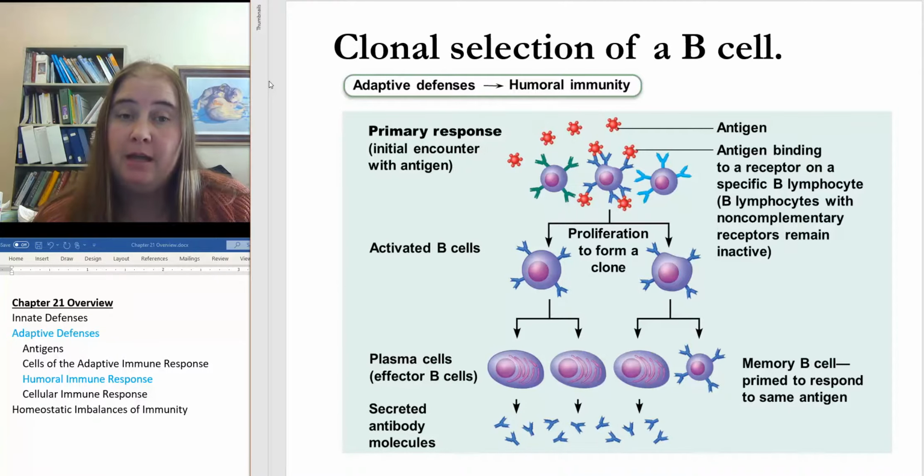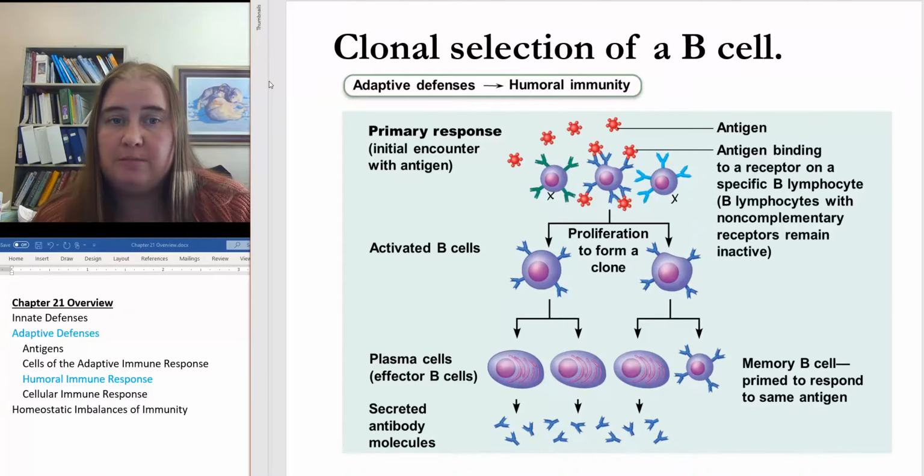Now, what you can see is only one of these B cells is actually responding because it's the only one that has a receptor that's complementary to the antigen. So these guys don't respond because they aren't meant to recognize this antigen. However, this antigen binds to this receptor on our B cell and activates it.